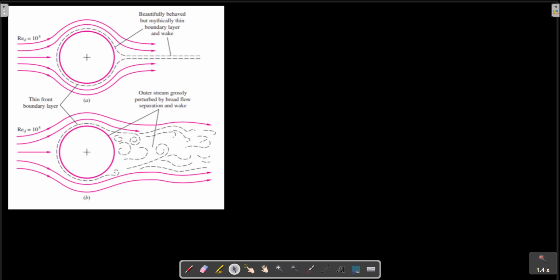We have the same Reynolds number for these two flows, but two types of assumption.